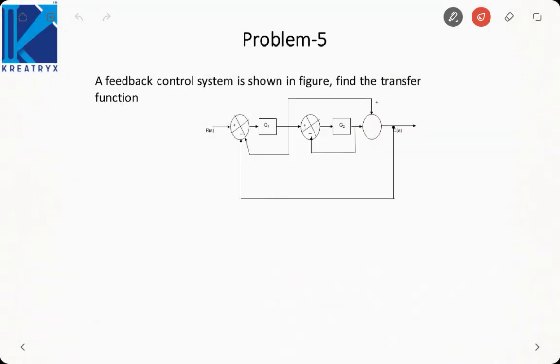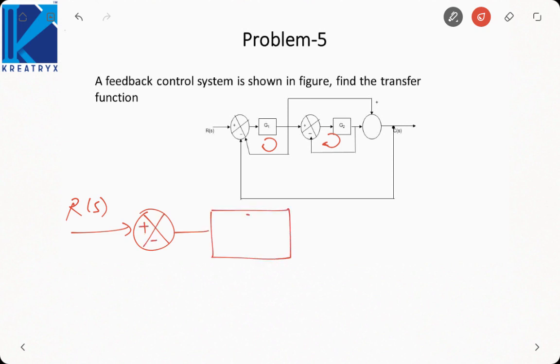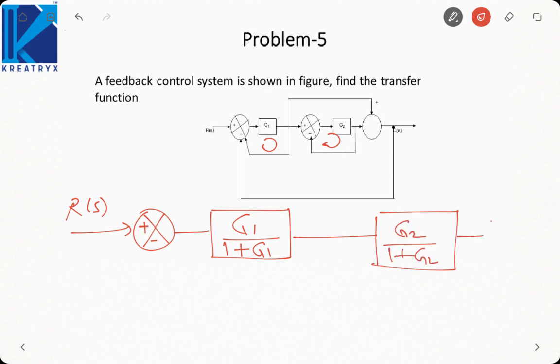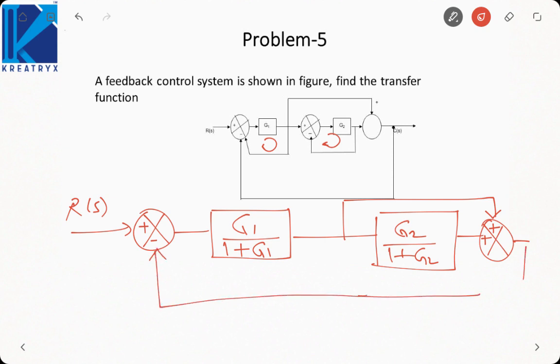In the next problem, again we need to find the transfer function. If you observe, this is a feedback loop, and this is also a feedback loop. So now I am directly writing the equivalent: it would be G1 over 1 plus G1, next would be G2 over 1 plus G2, and here we will have a feedback path of this sort.